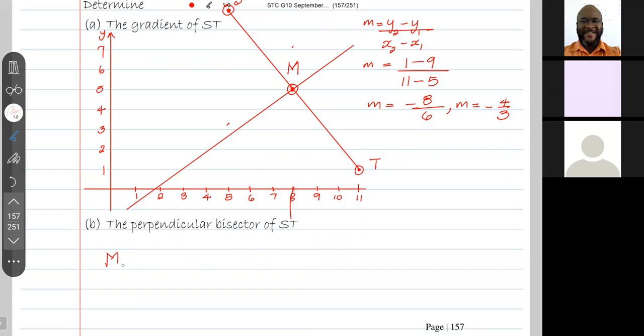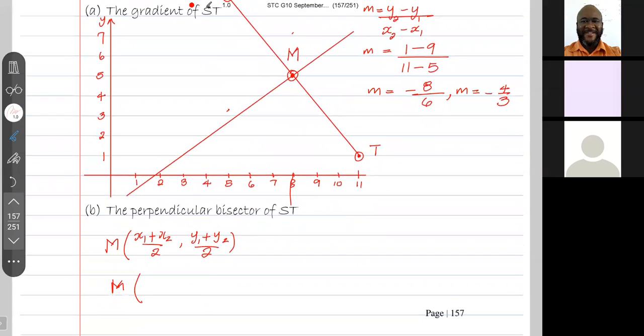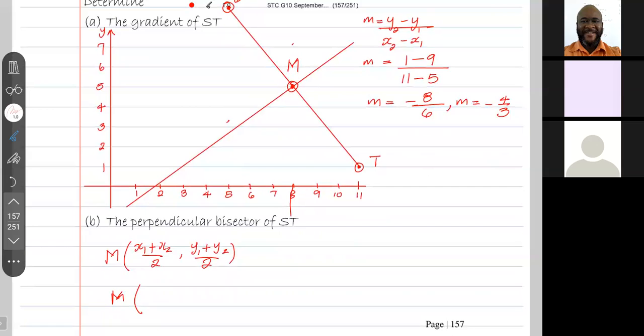The midpoint formula is (x1 plus x2) over 2, comma, (y1 plus y2) over 2. So M is x1, which is 5, plus x2, which is 11, over 2, comma, y1, which is 9, plus y2, which is 1, over 2.